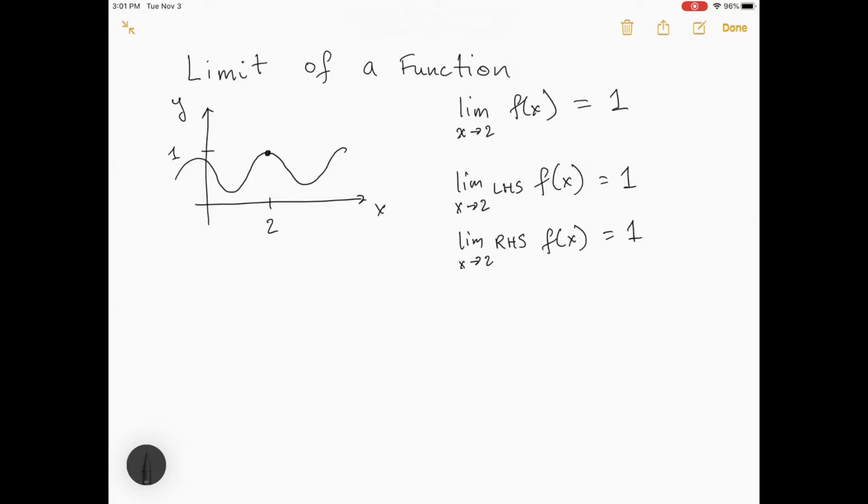So this is just an example. Now I will do some problems to further illustrate the concept. So for problem 1, I have the following graph.